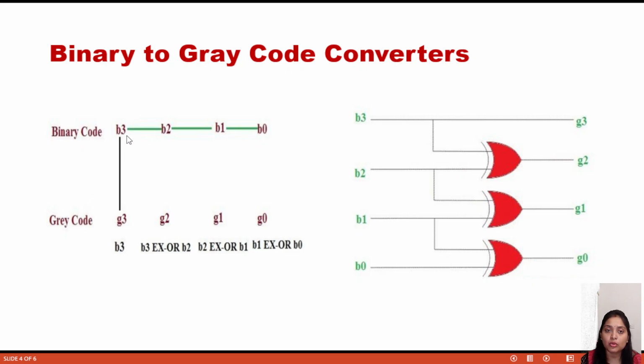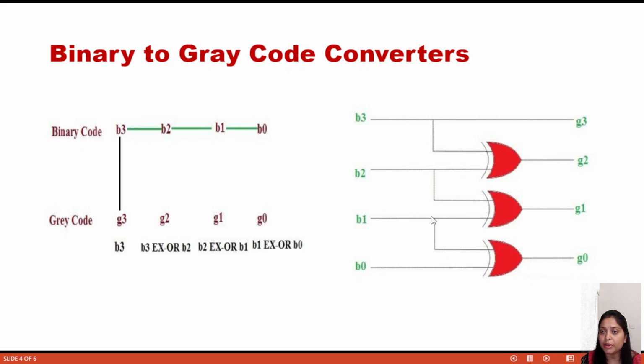When there is a 4-bit binary number, or they can give you 5 bit, 6 bit, the same process you have to follow. For a 4-bit number, first of all, for the MSB you directly write the same binary bit for the gray code also. Then for G2 you do the XOR between B3 and B2, for G1 B2 XOR B1, for G0 B1 XOR B0.